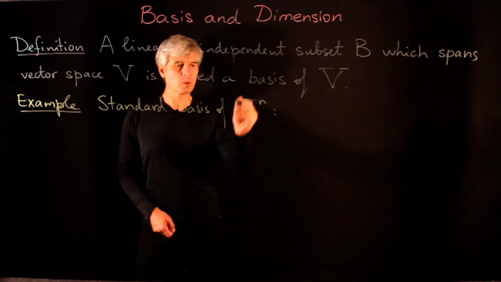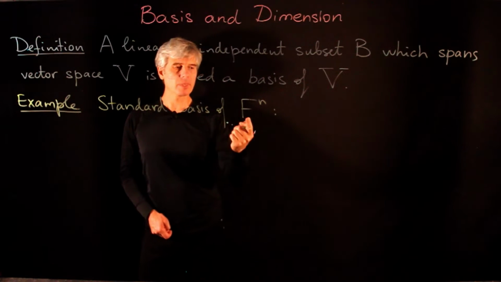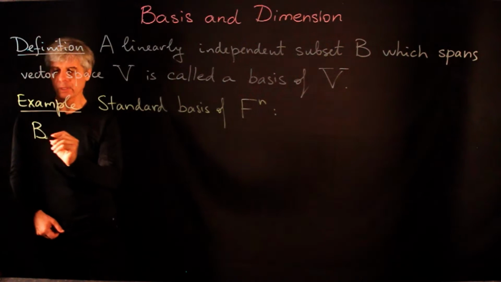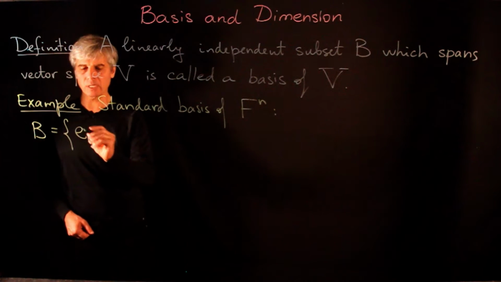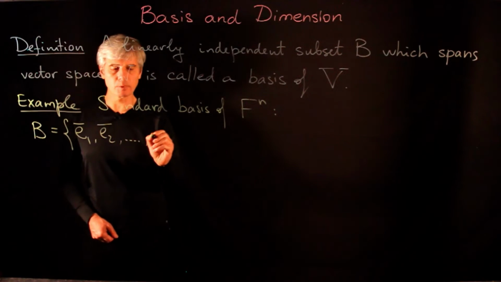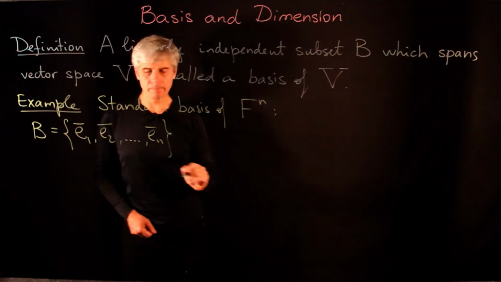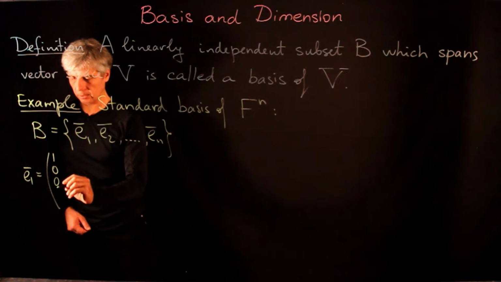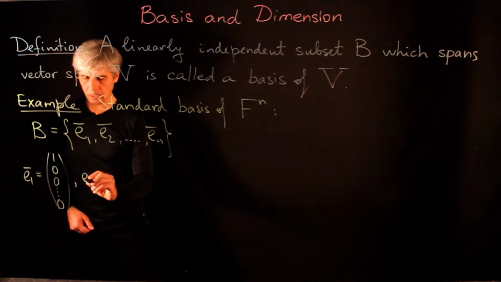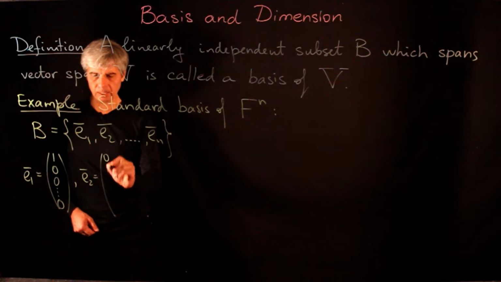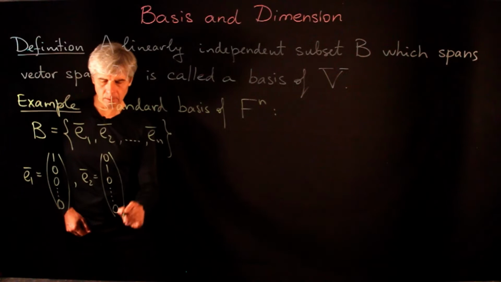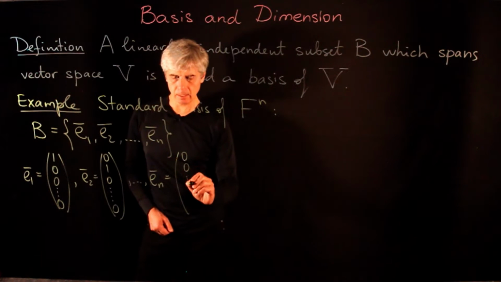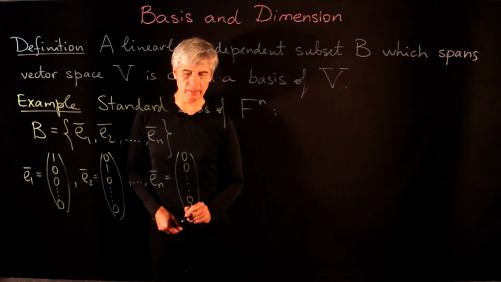Here, Fn is a vector space of column vectors with n components, and we consider the set B of vectors e1, e2 up to en, where e1 is a column vector with 1 in the first component and all other components 0. e2 has 1 in the second component, and so on, and en has a 1 in the last component, and everything else is 0.